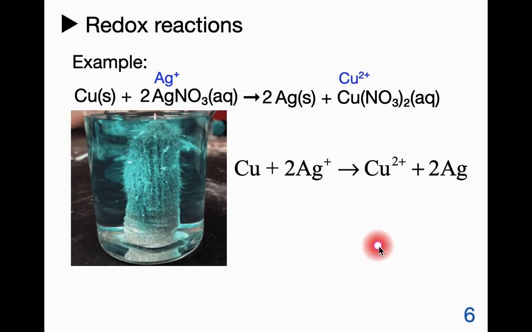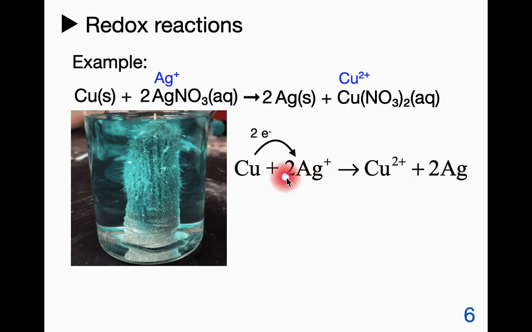Now what takes place in this reaction, and in all redox reactions, is the transfer of electrons. In this case, we can see that the copper lost 2 electrons to become a +2 ion. Each silver ion gained 1 electron to become elemental silver.